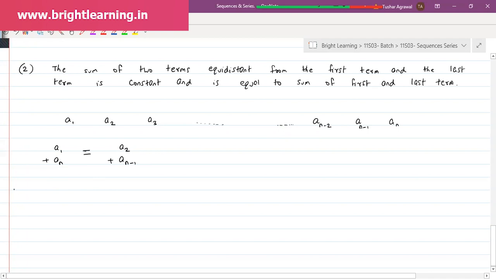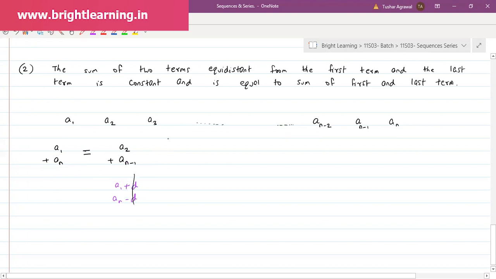Are you getting this? In addition, we did this part. A2 is actually nothing but A1 plus d, and An minus 1 is An minus d. So this gets cancelled out, and it remains as A1 plus An only.